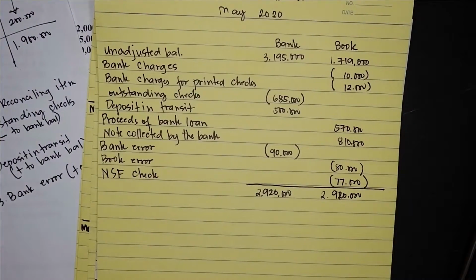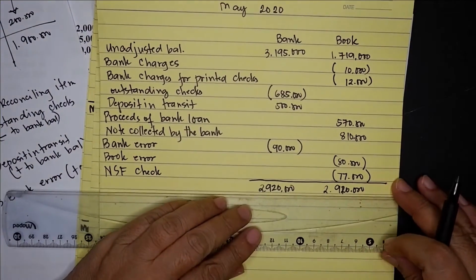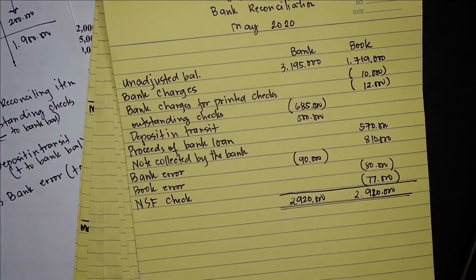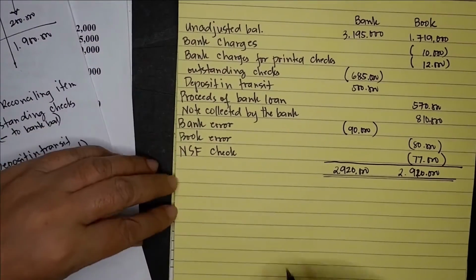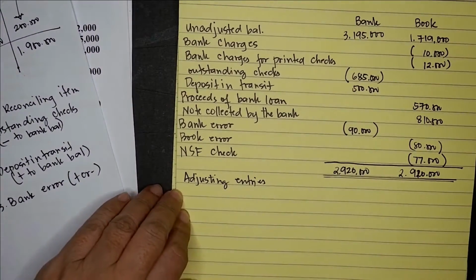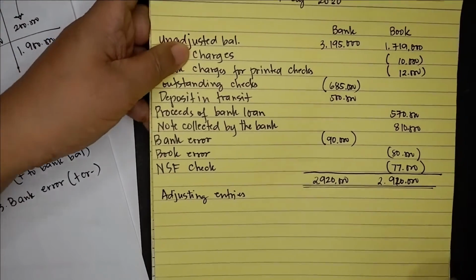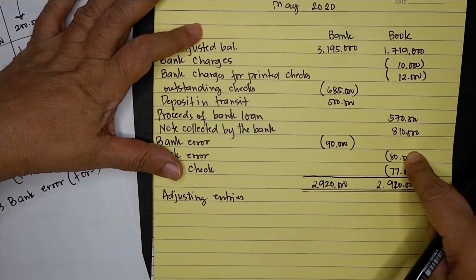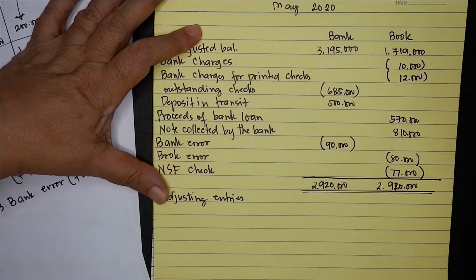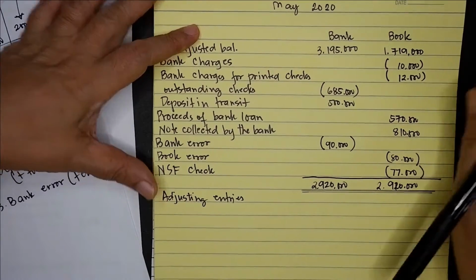So let us have double rule. Okay, let us now prepare our adjusting entries. We're going to prepare adjusting entries for books reconciling item only. So we have 1, 2, 3, 4, 5, 6. So we have 6 adjusting entries.